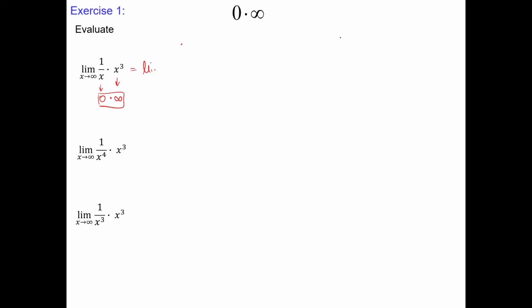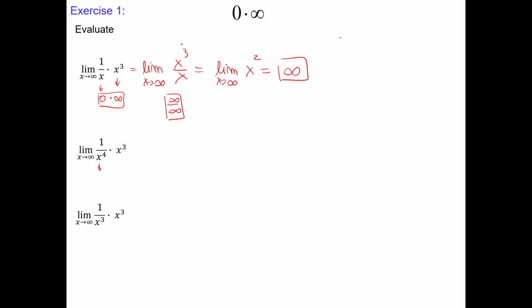And this is a product. I can easily rewrite it like this, and then I'm creating the quotient. You may notice I did create infinity over infinity, but we don't need any extra rules. We can simplify it, and x squared at infinity goes to infinity. That's the final answer.